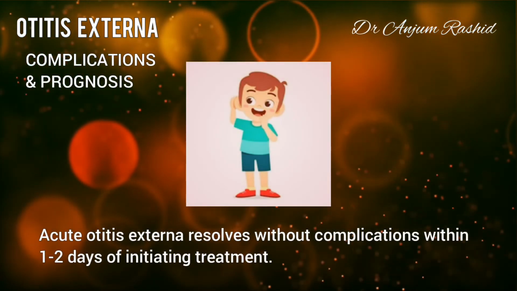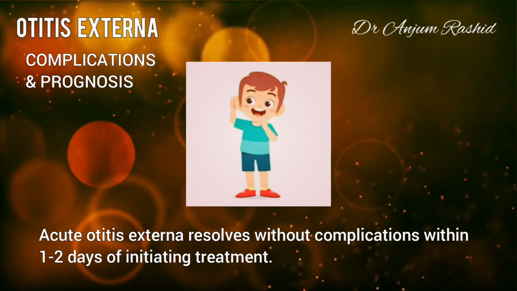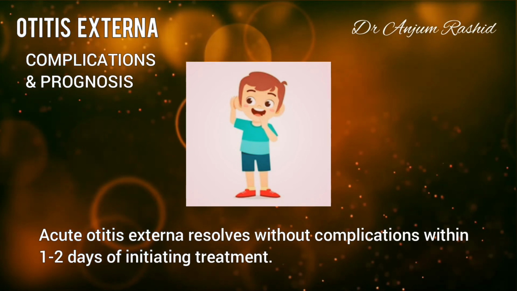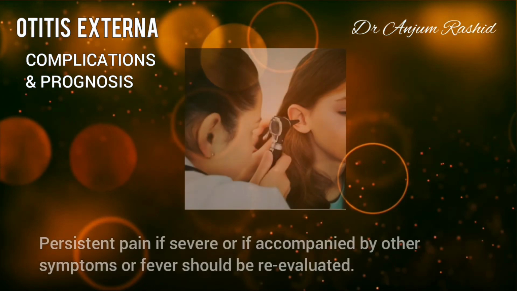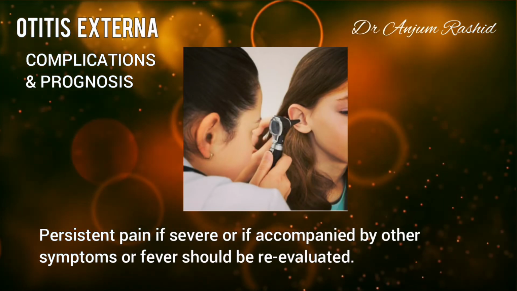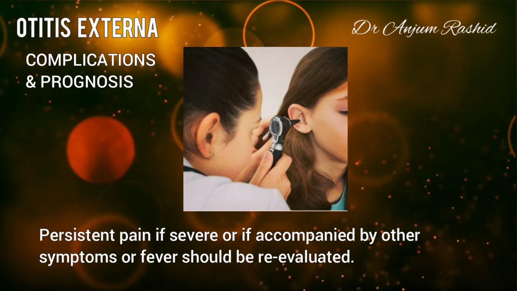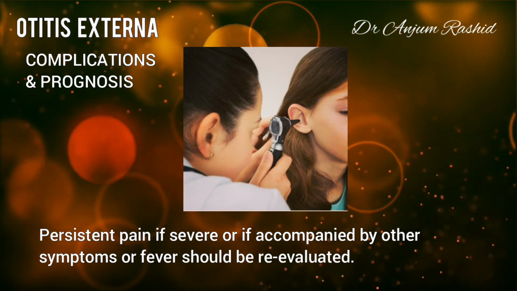Now, complications and prognosis. Acute otitis externa usually resolves promptly without complications within 1 to 2 days of initiating treatment. Persistent pain, especially if severe or if accompanied by other symptoms, for example fever, should prompt re-evaluation for other conditions.